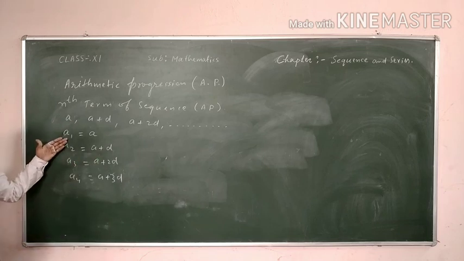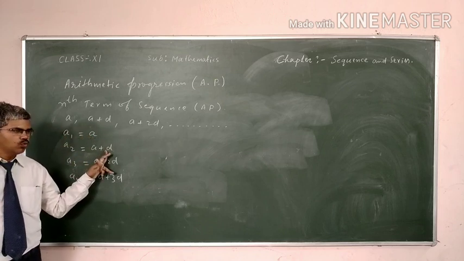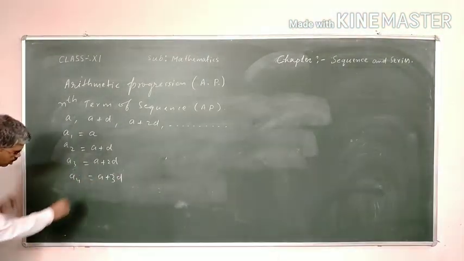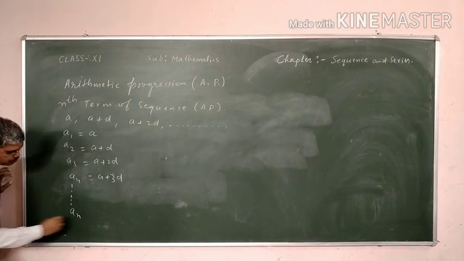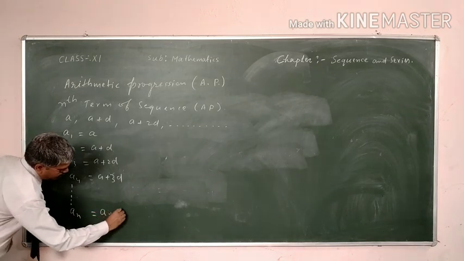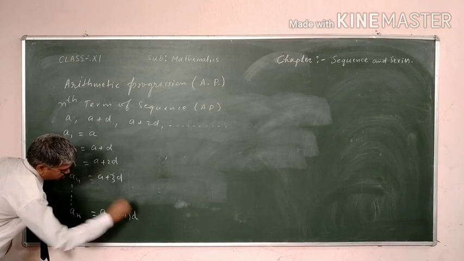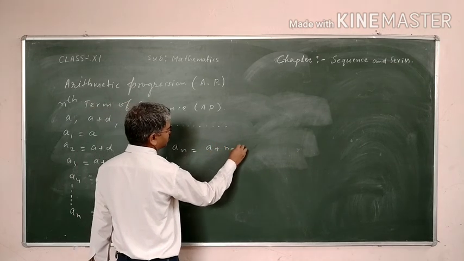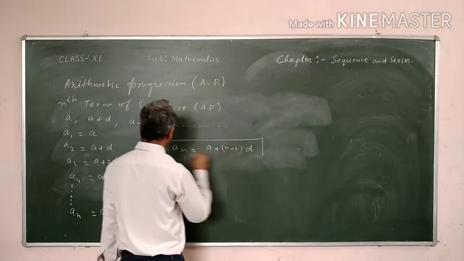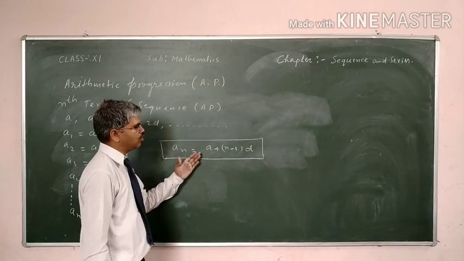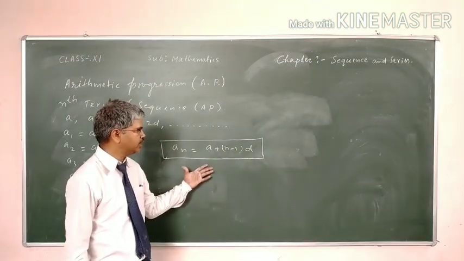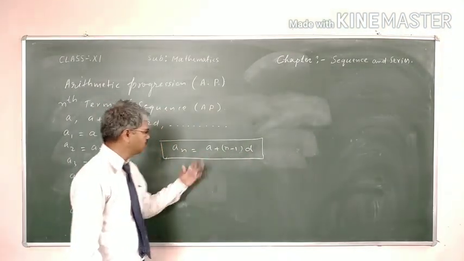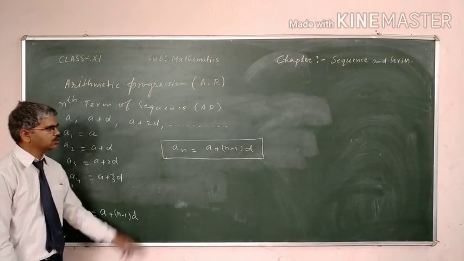A1 is A, A2 has 1 time D, A3 has 2 times D, A4 has 3 times D. So the general term An is equal to A plus n minus 1 into D. In this formula, by substituting the values of A, D and n, we calculate the term. Here n is which term we are calculating, D is the common difference, and A is the first term from which we start.